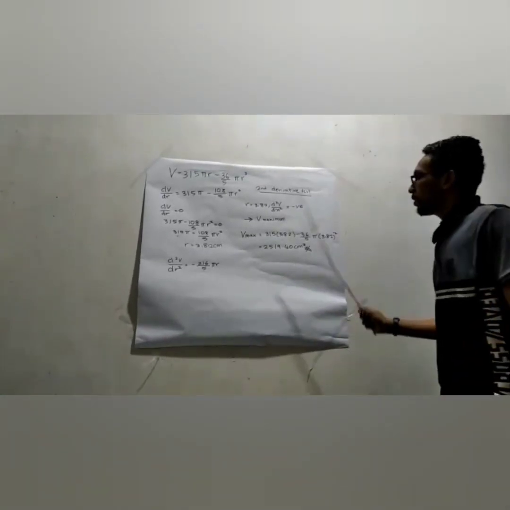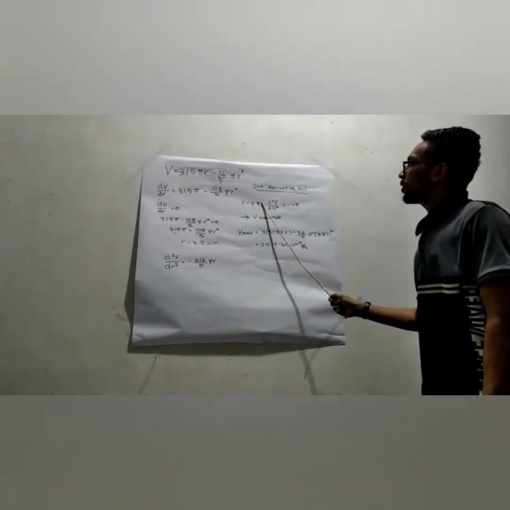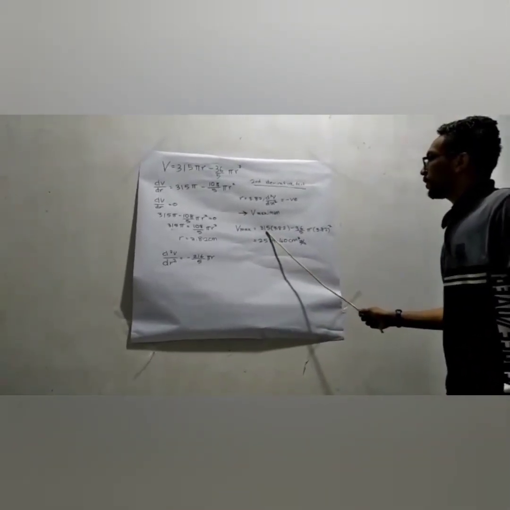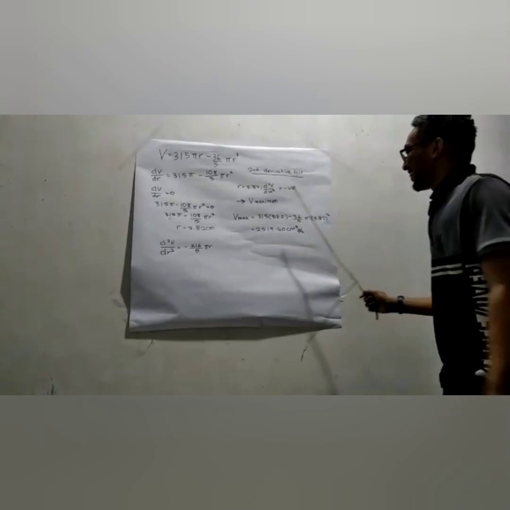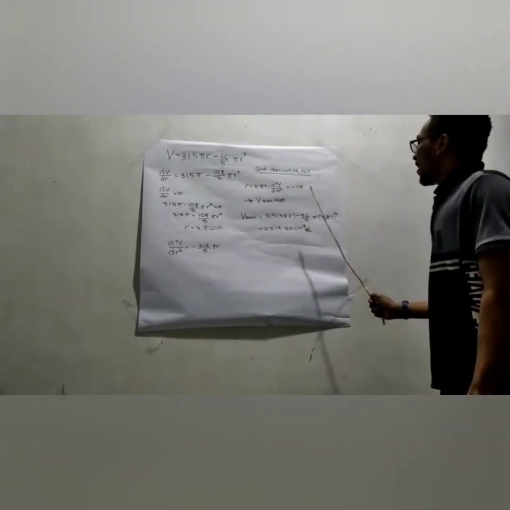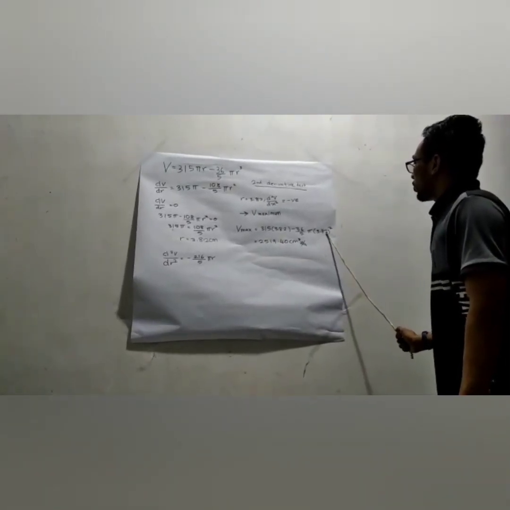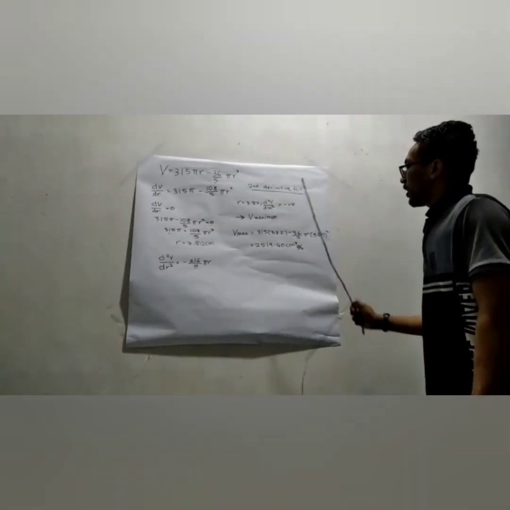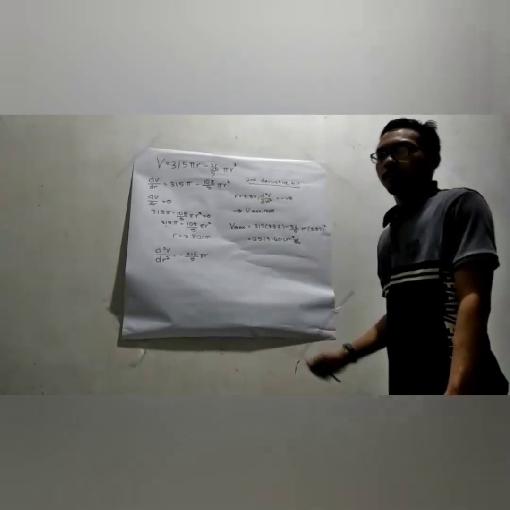To find the maximum volume, we take this value into this: 315 times 3.82 minus 36 over 5 pi multiplied by 3.82 squared. So we get 2519.4 cm cubic.